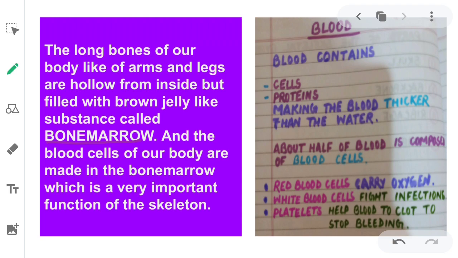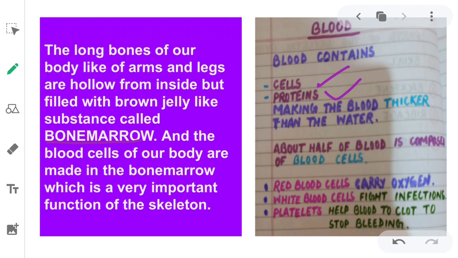All of you know blood is red in color, and what is the function of the blood? It provides the body with nutrition, oxygen, and also helps in waste removal. You should know that blood contains cells and proteins. What does the blood contain? The cells and the proteins.